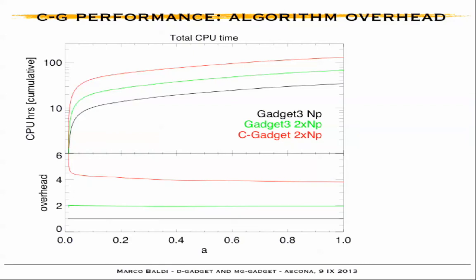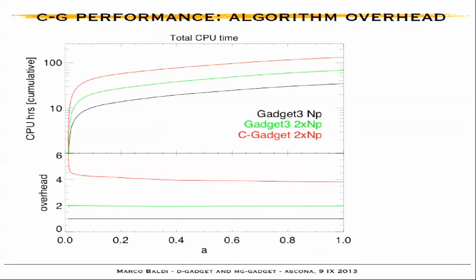If you want to achieve more or less the same spatial and mass resolution, you need twice as many particles as in a standard GADGET-3 simulation, because you need to properly follow also the uncoupled baryonic component of the universe. So what you see here is a comparison of standard GADGET-3 run with n particles, okay? The green one is standard GADGET-3 with twice as many particles, and this is C-GADGET, still with twice as many particles, okay?